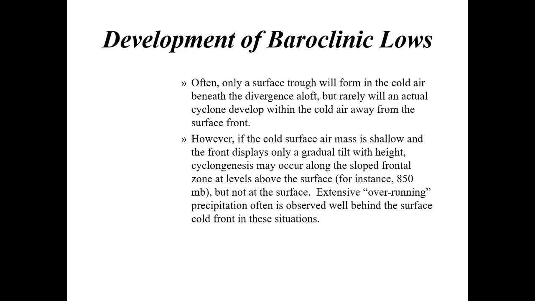The winds are from the north, the northwest in the northern hemisphere, and you get more of a cooler, drying out process. But in this case, if you have a cold surface air mass that's shallow, and the front only displays a gradual tilt or slope with height, you may actually get overrunning. And whenever air rises or overruns colder air, it tends to saturate, form clouds, and possibly precipitation.